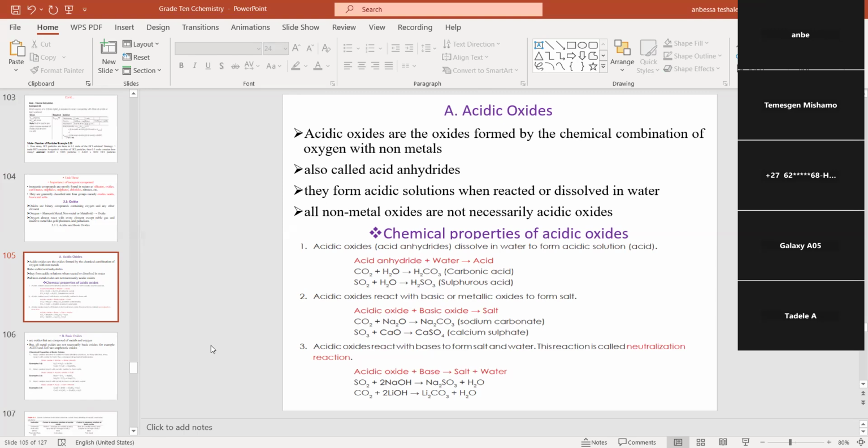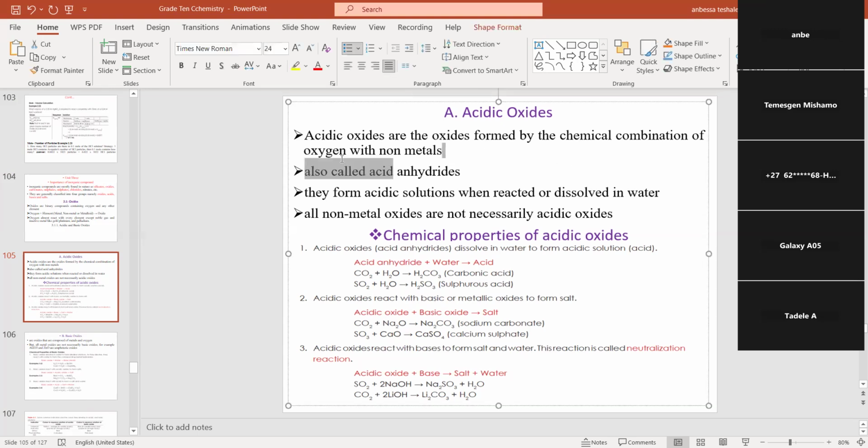Unfortunately, the property of amphoteric oxide is not included in this module, but we'll see acidic and basic oxide. So acidic oxides are oxides formed by a combination of oxygen with non-metal. Combination of oxygen and non-metal results in acidic oxide, and acidic oxides are also known as acidic anhydride.